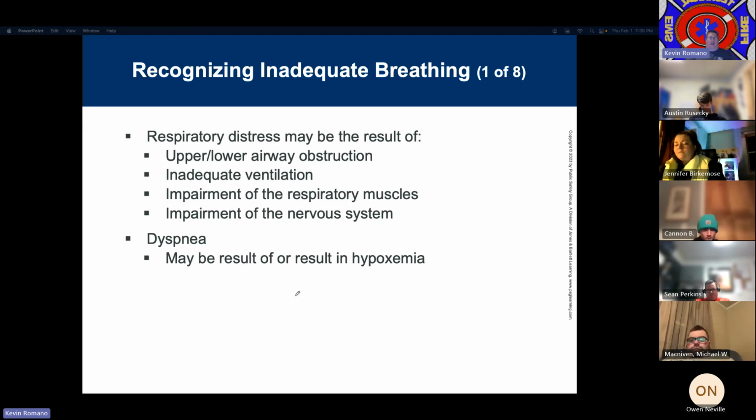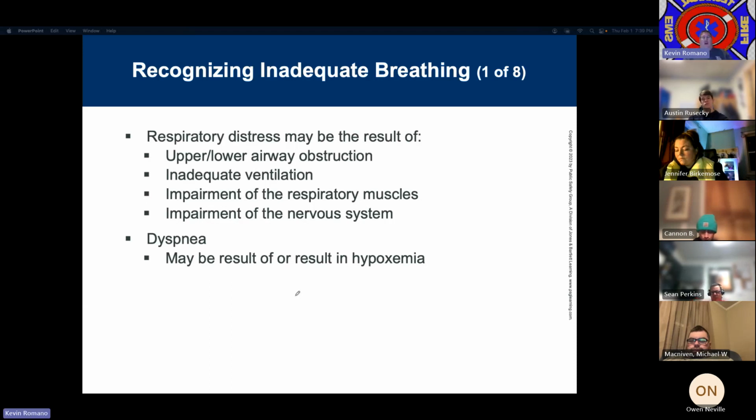Dyspnea is difficulty in respiratory rate, regularity, and effort. May result in hypoxemia, right? So hypoxemia, breaking that down, is oxygen in the blood.